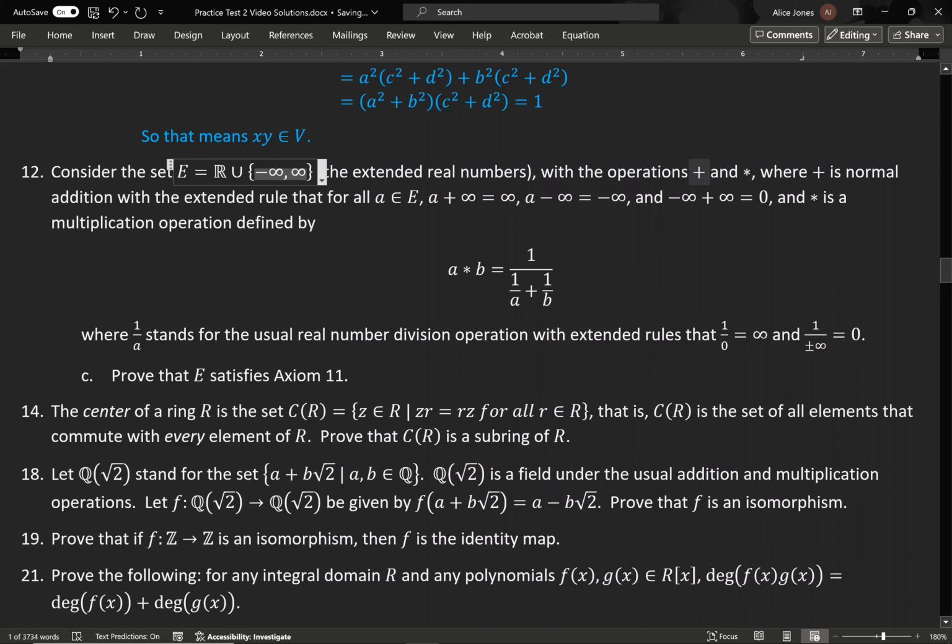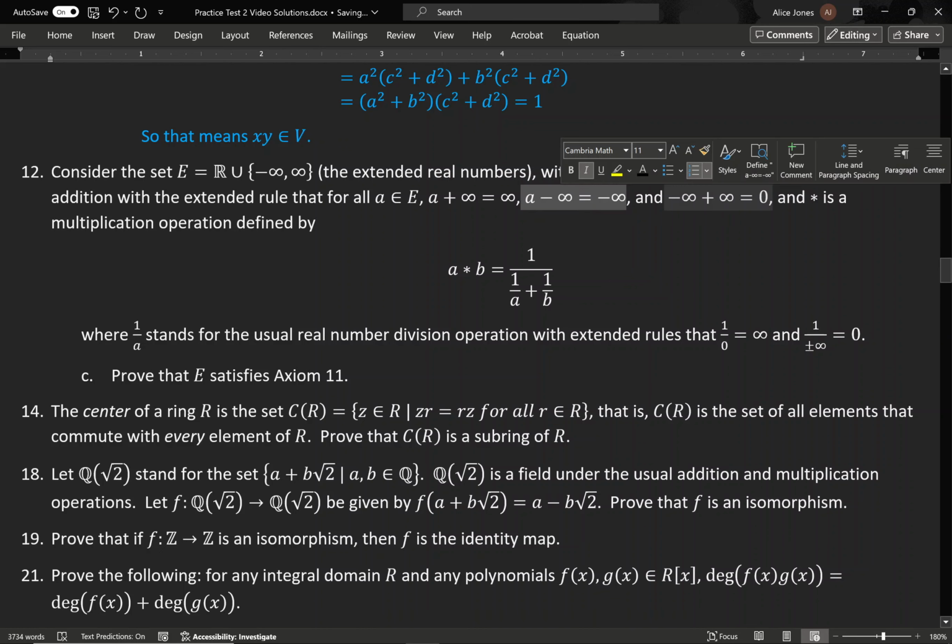And so the operations here are regular addition, but there is an extended rule for how you handle addition with infinity. So anything plus infinity, except for negative infinity, is infinity. And anything plus negative infinity, except for positive infinity, is negative infinity. And then if you add the 2 infinities together, you get 0.